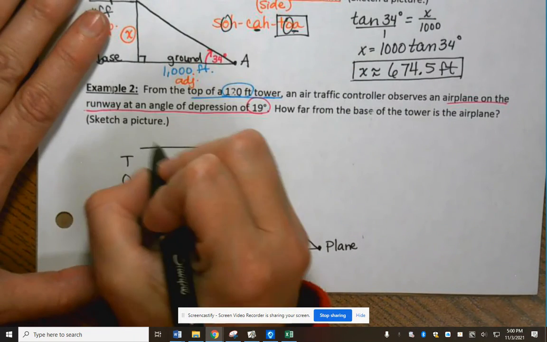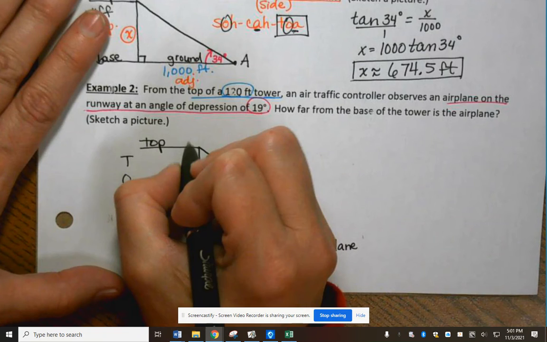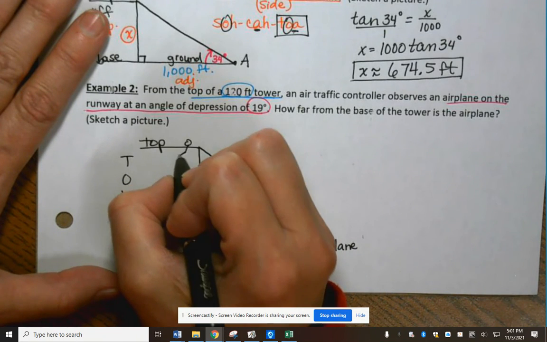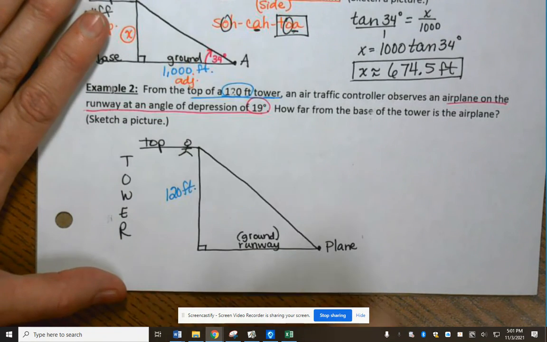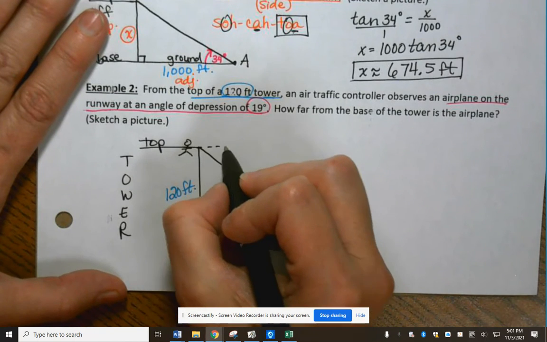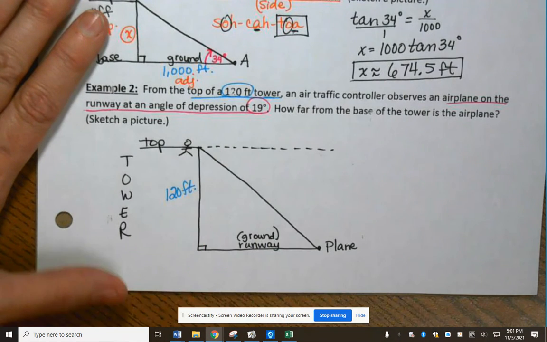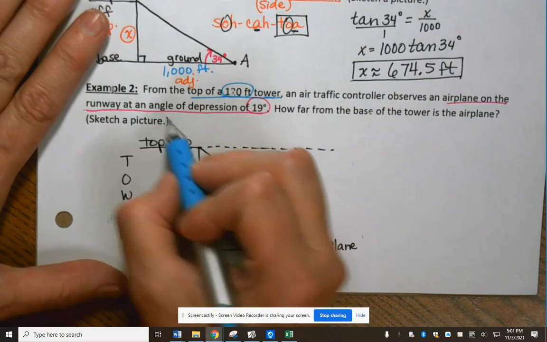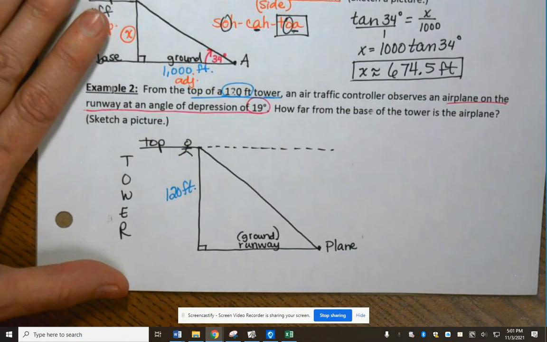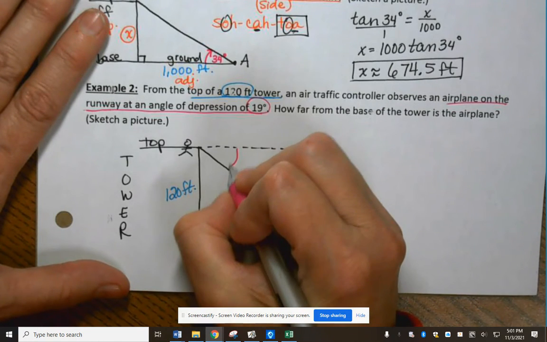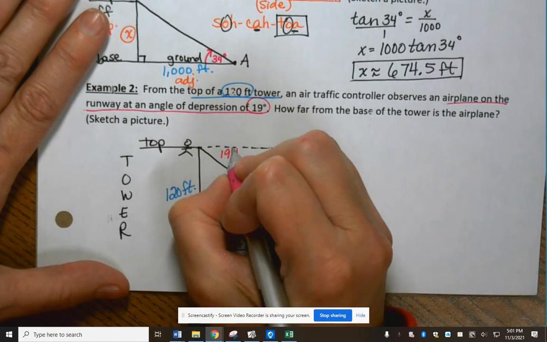So here's the top of the tower, and somewhere up here is our air traffic controller. Okay, now his line of sight goes straight out. And it tells us that this was an angle of depression. That's 19 degrees.